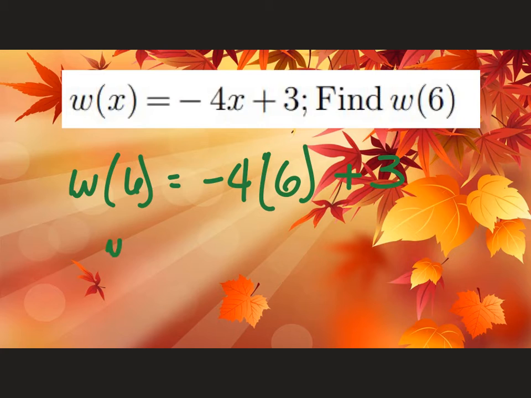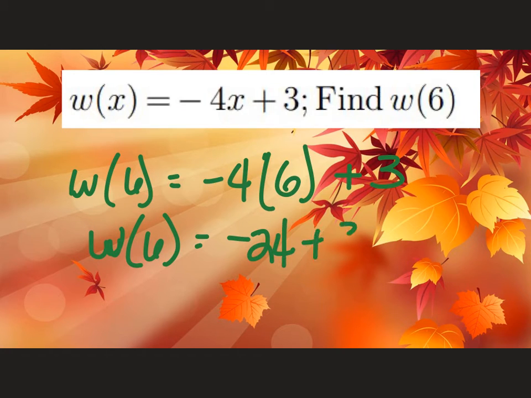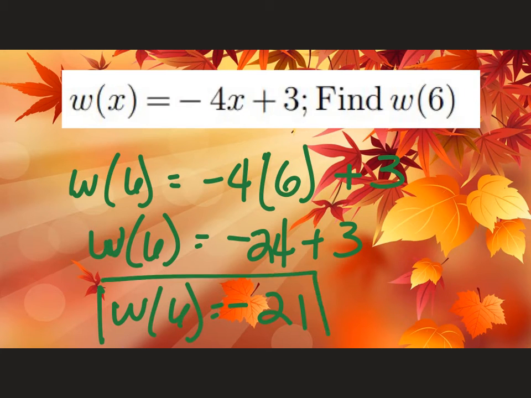Okay, so W of 6, negative 4 times 6 will give you negative 24. And then plus 3 brings us to a negative 21. So when we input a 6, it gives us an output of negative 21. Going back to the idea, 6 is domain, negative 21 is your range, and so on.